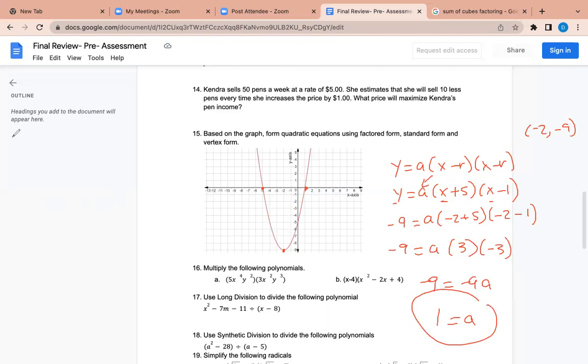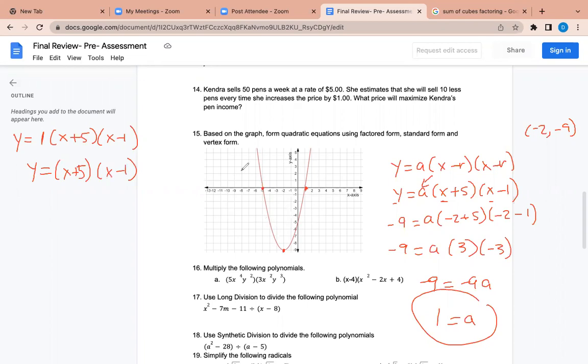So our factored form is y is equal to a, and then (x plus 5)(x minus 1). Oops, I mean 1. Or you don't have to put anything at all, you can just write y equals (x plus 5)(x minus 1).